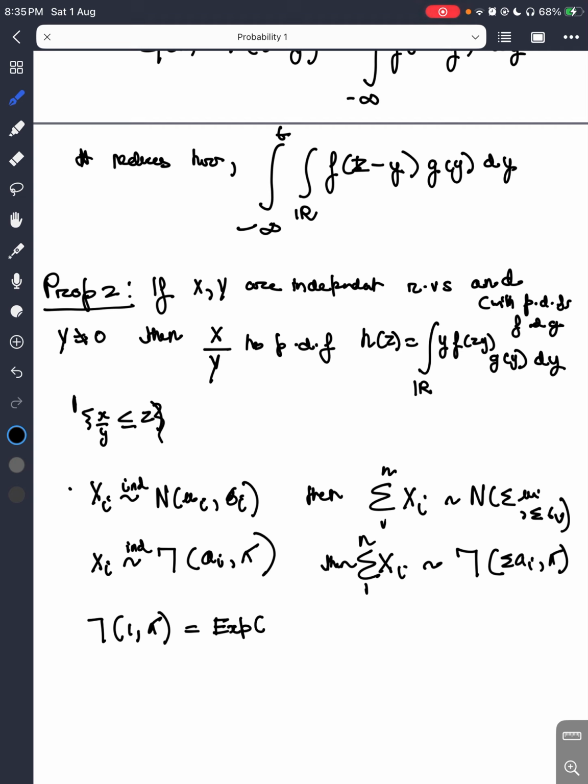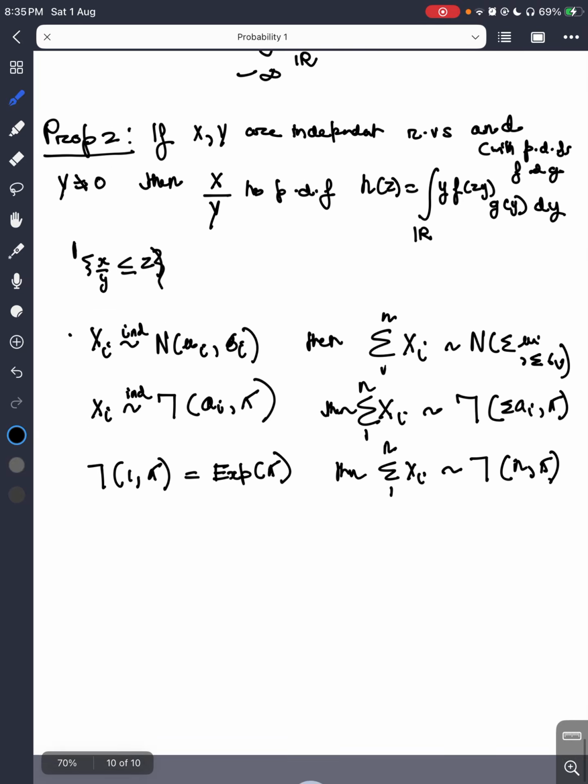So one can check from this theorem that if the Xi are IID exponential, then the sum is nothing but gamma(n, lambda).